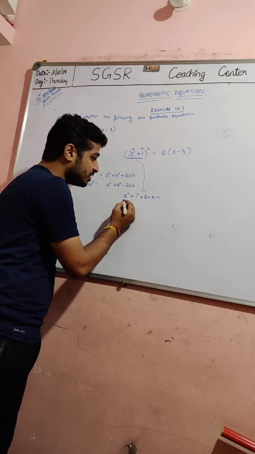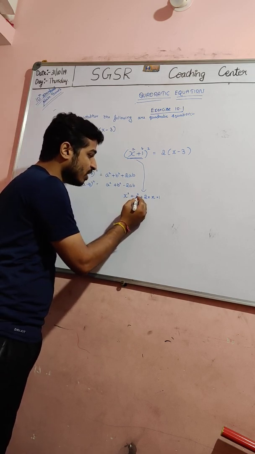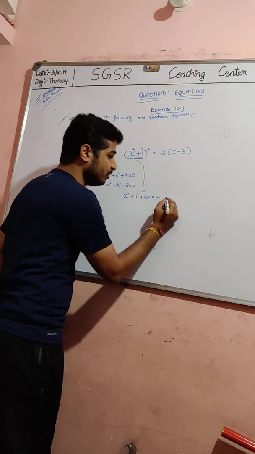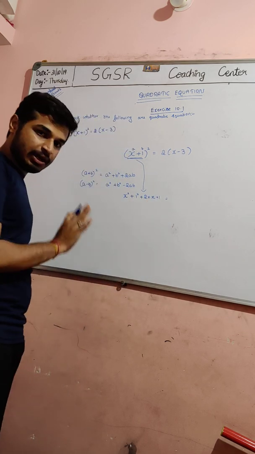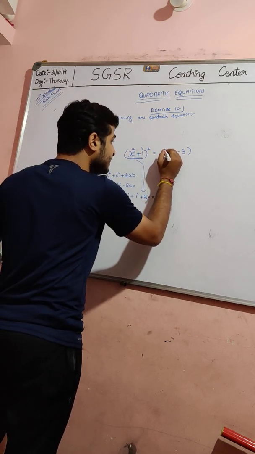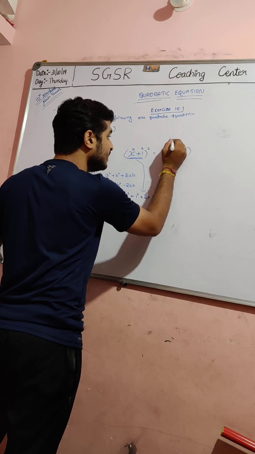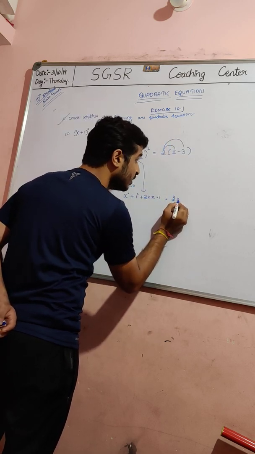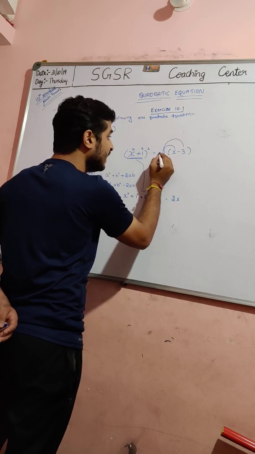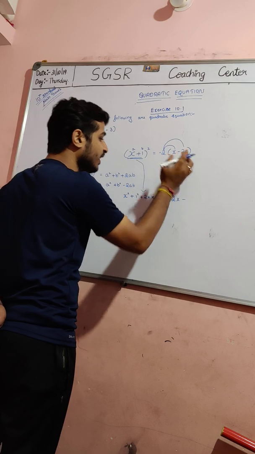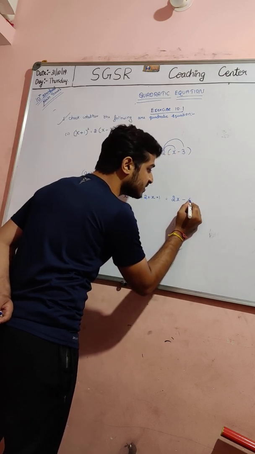The equation is now x square plus 1 square plus 2 into x into 1, which will be equal to, in the same way, you should multiply these two values and then these two values. So 2 into x, 2x. Then plus into minus becomes minus, 2 into 3, 2 threes are 6.